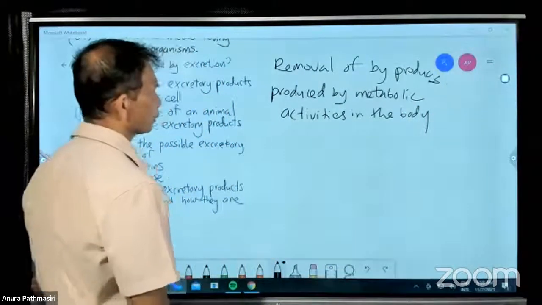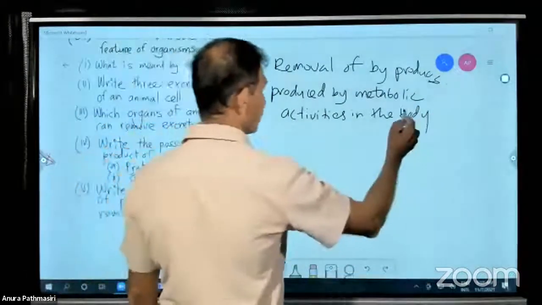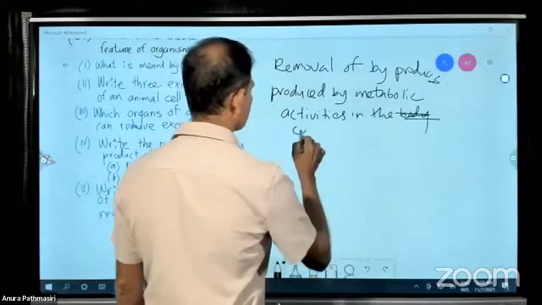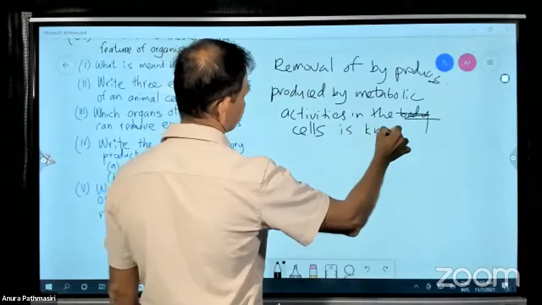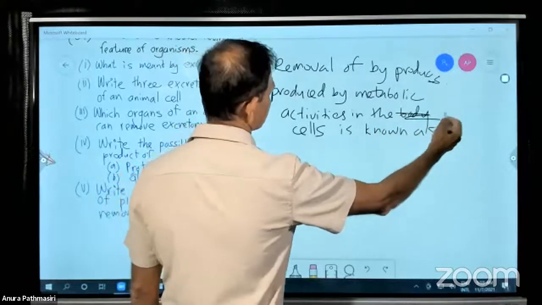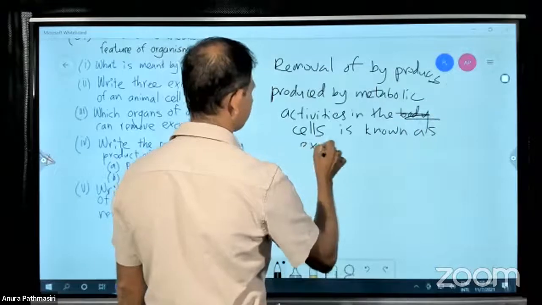Removal of byproducts produced by metabolic activities in the cells is known as excretion.